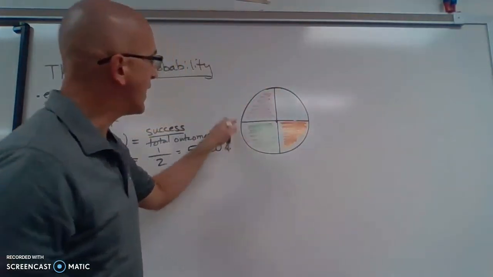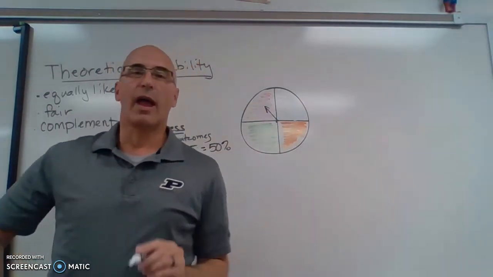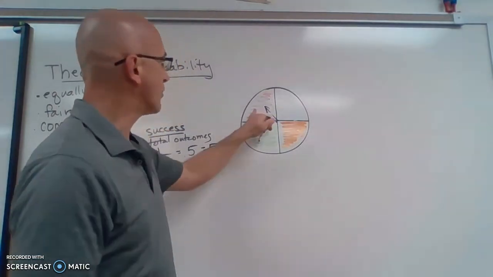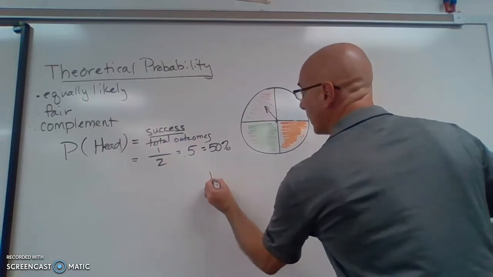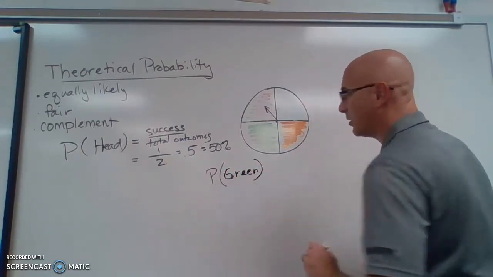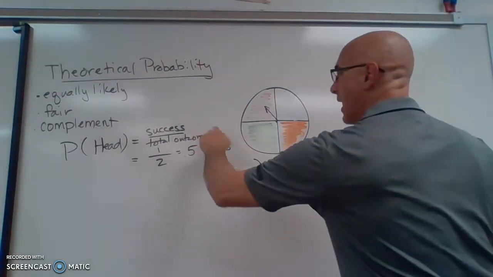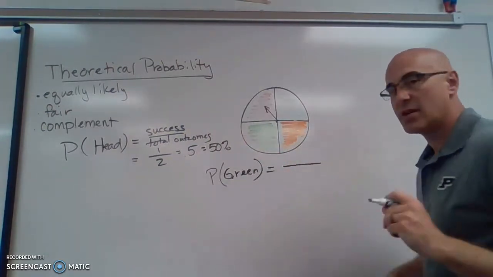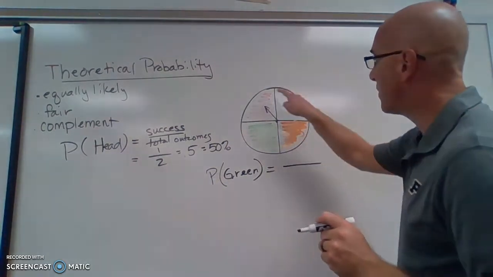Now let's look at another experiment. We have a spinner, and it's divided into 4 equal quadrants. Each one is a different color: red, blue, green, and orange. What is the probability of it landing on green, my favorite color? So we create a fraction. The denominator is the number of total possible outcomes, so in this case, there's 4.